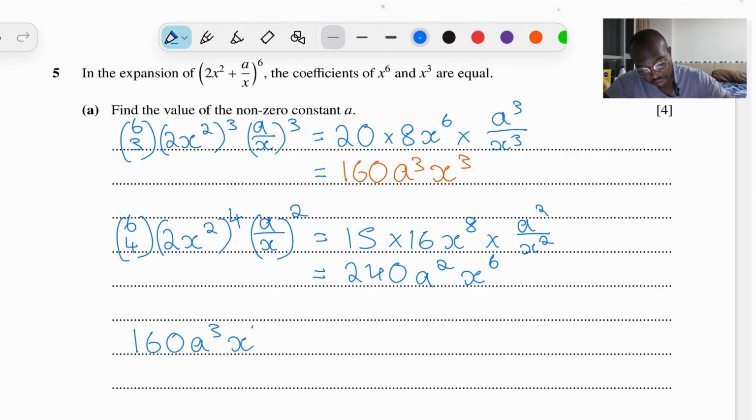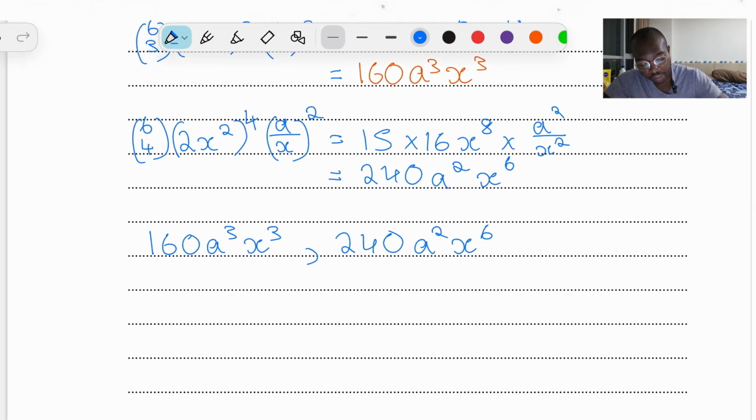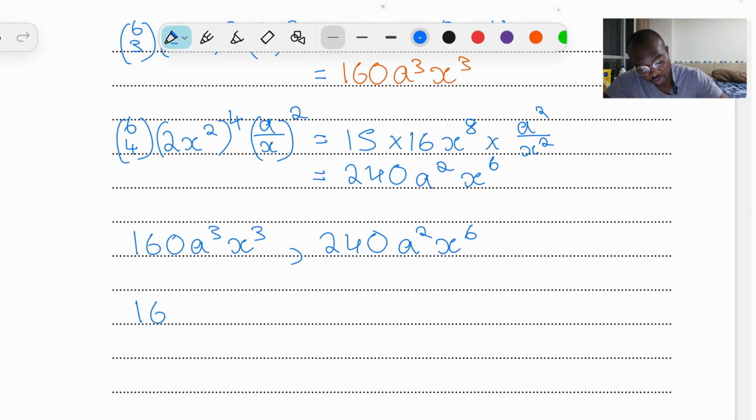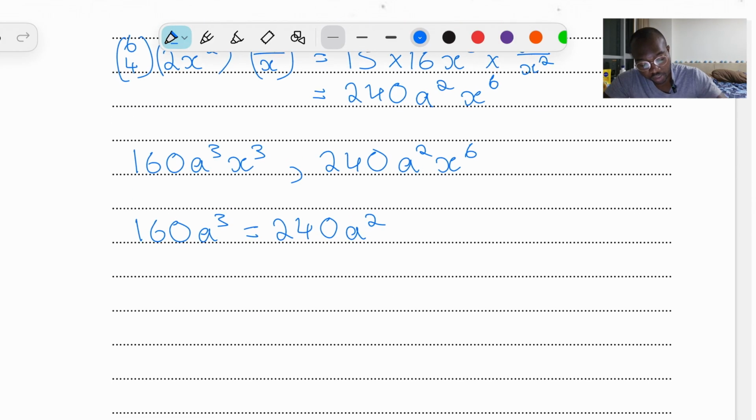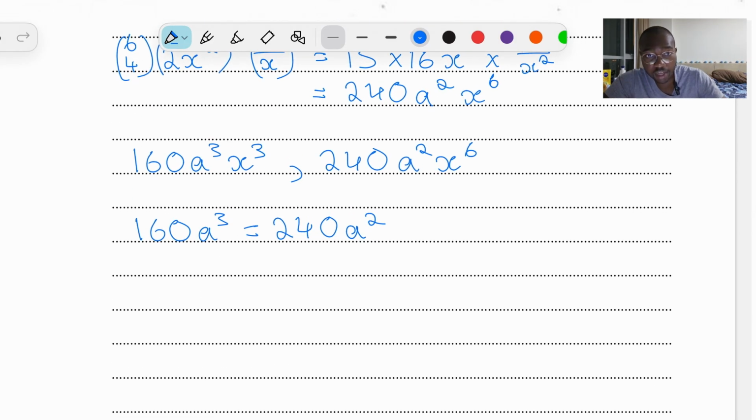If we have these two values here, 160 a cubed x cubed and 240 a squared x to the power of 6, our coefficients must be equal. Therefore, 160 a cubed must equal 240 a squared, and we can just work this out.